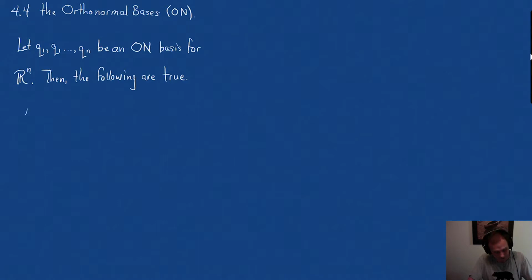1. What it means, and let me just say what this means. It means two things. First, all Qi are orthogonal to each other.